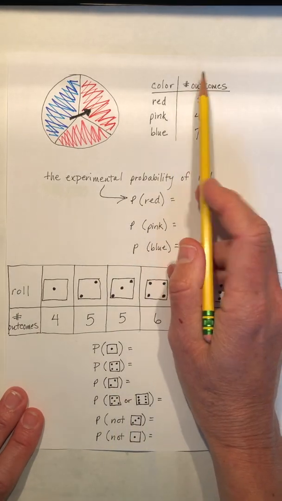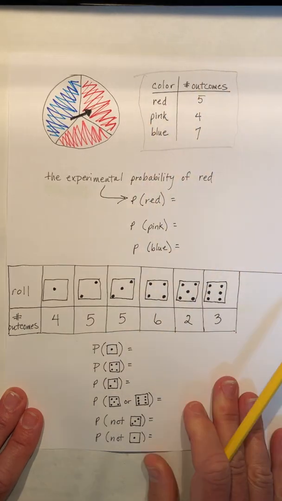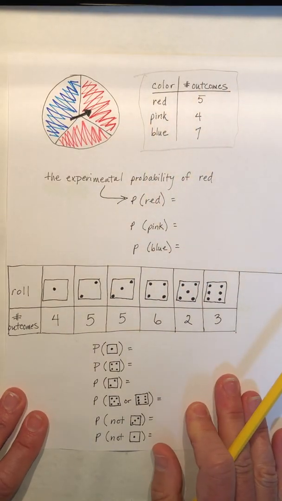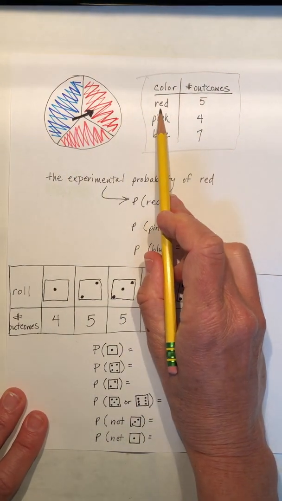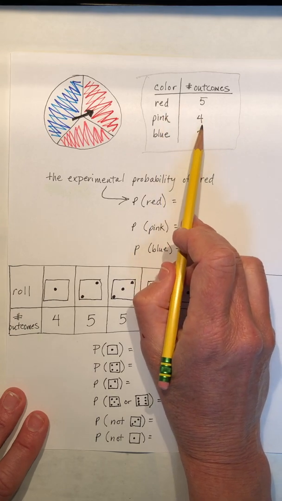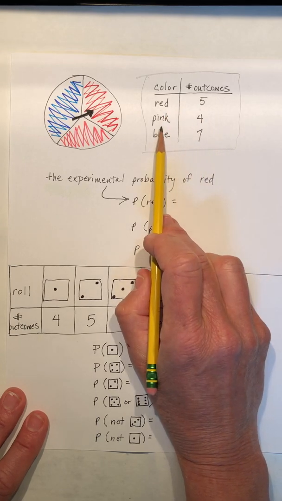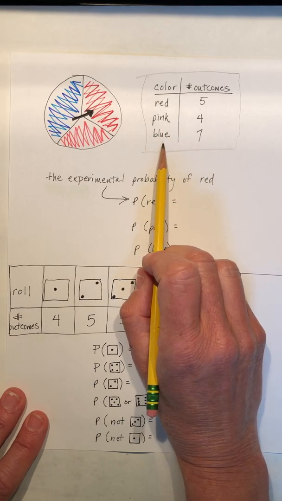What you do need to do is copy this table right here. So an experiment was done. 5 times I spun a red. 4 times I spun a pink. 7 times I got a blue.